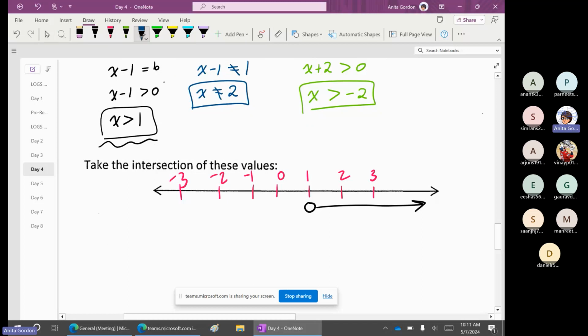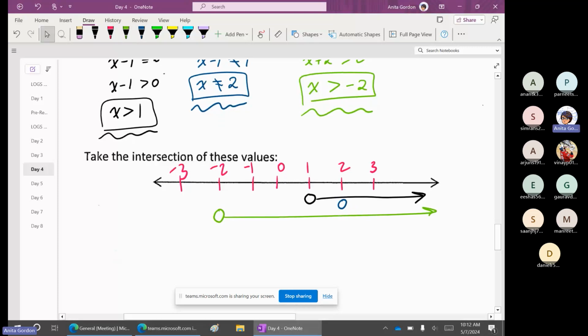My second restriction says x cannot be 2. So I'm going to draw an empty circle under the number 2. It's a hole. It cannot be 2. And for my last restriction, I have to be greater than -2, but not equal to it. So again, I'm going to draw an empty circle under the -2. I have to be greater than, so it means I'm going to the right.